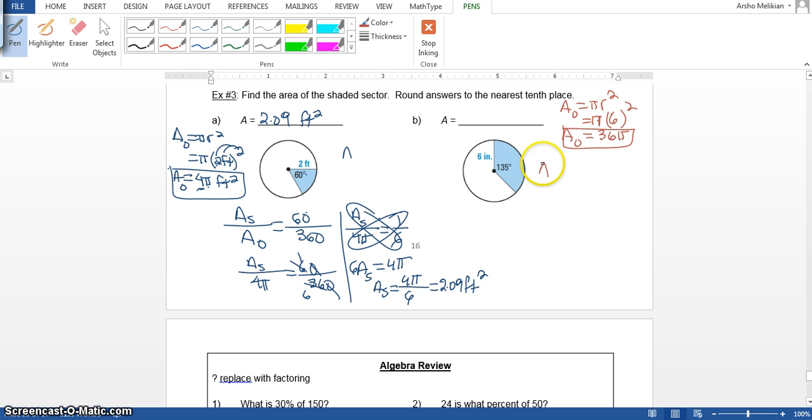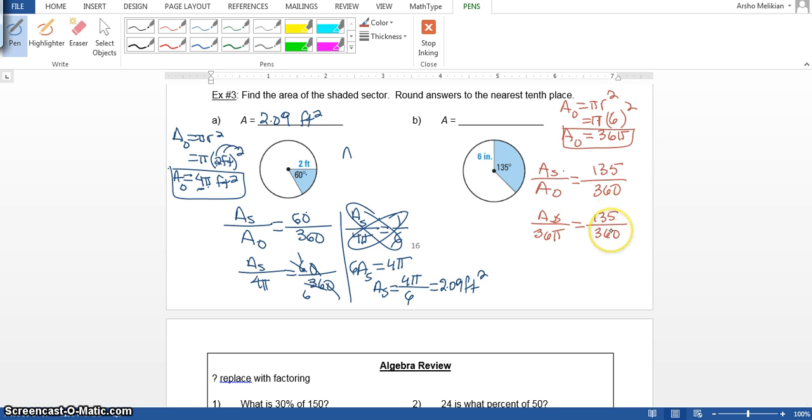The area of the sector over the full area is equal to the partial angle over the full angle. So, part over full. Now, plug in one more value, area of the sector over 36 pi equals 135 over 360.